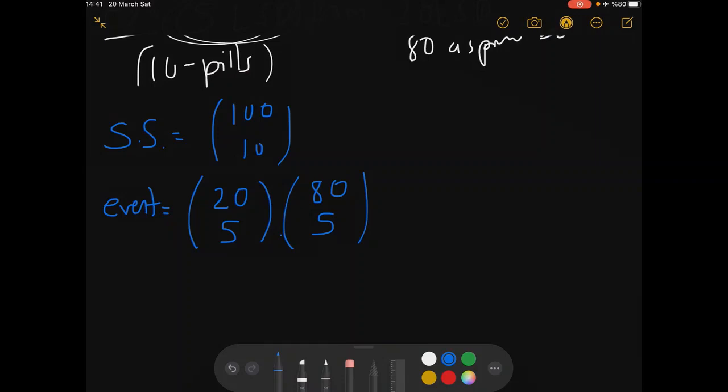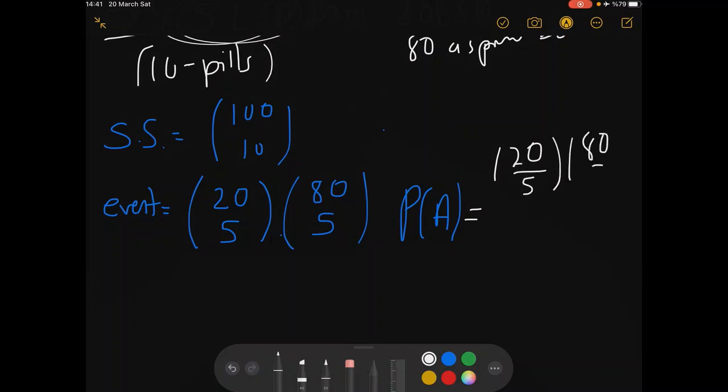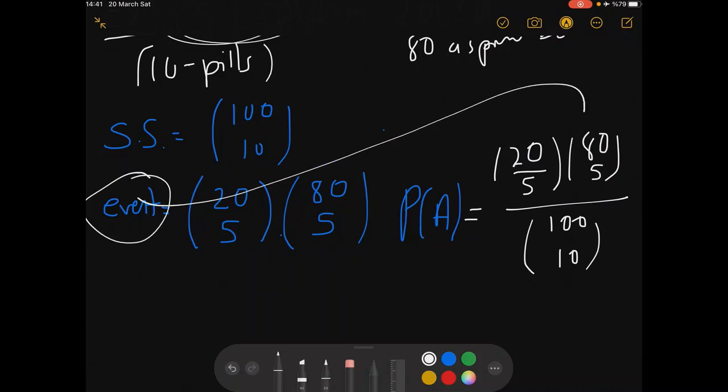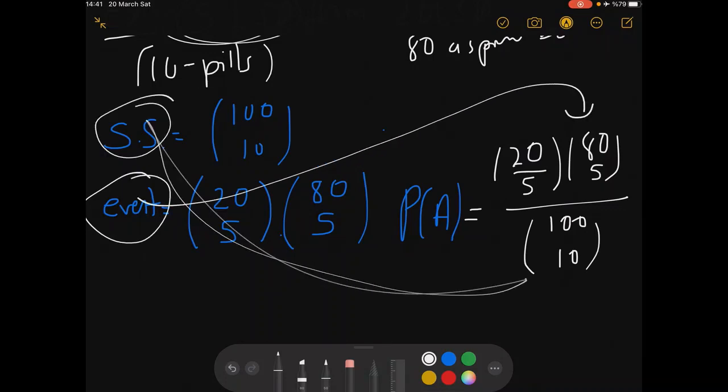This is your event, and the probability of that event will eventually be this one times this one over your sample space. You see, this one is coming from here and this one is coming to here.